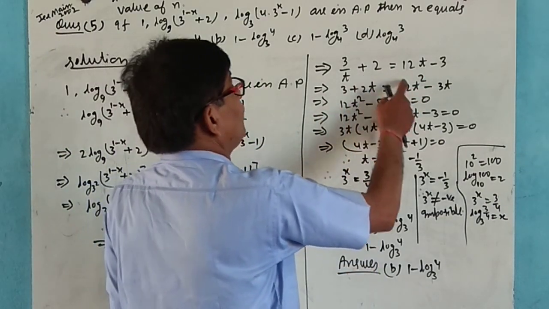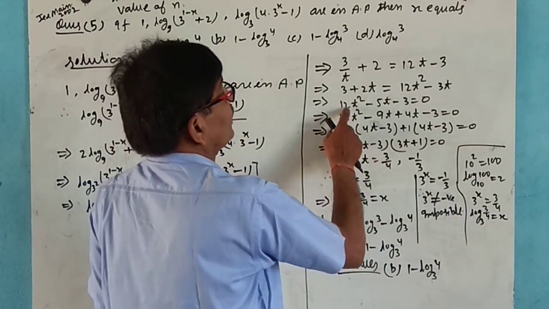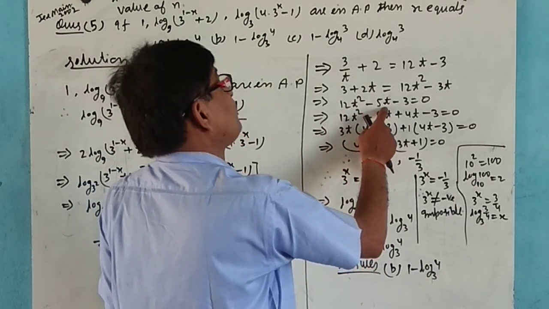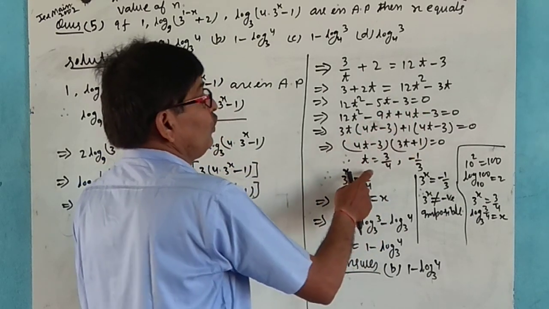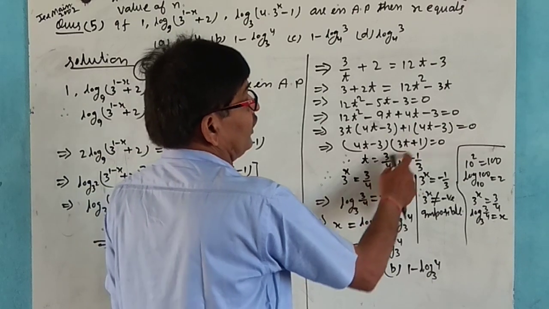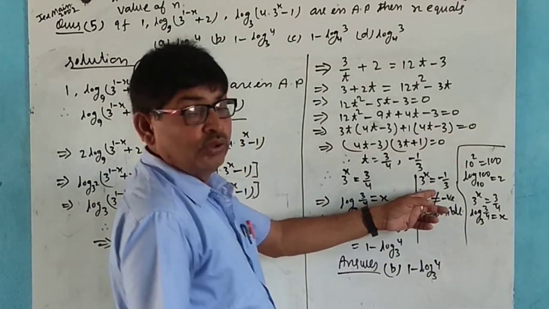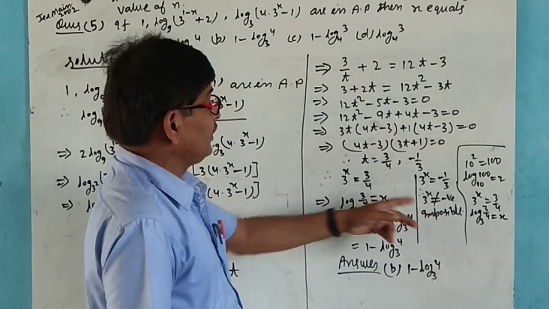After solving this, we get the second degree equation 12t squared minus 5t minus 3 is equal to 0, and we get the value of t as 3 by 4, and the other is negative. 3 to the power x cannot be negative, so that is impossible.